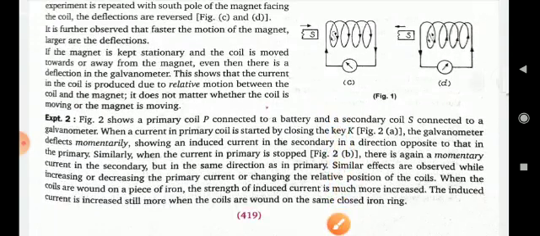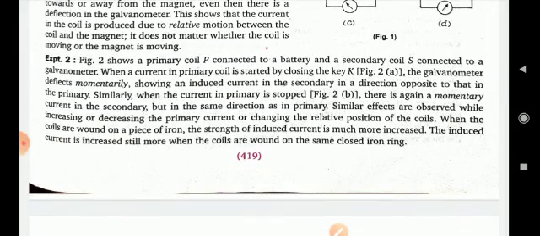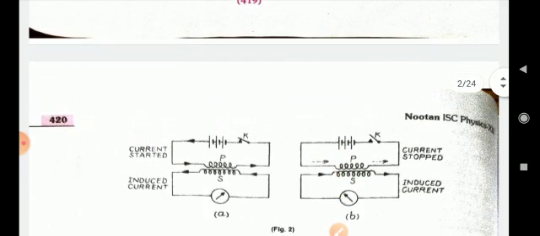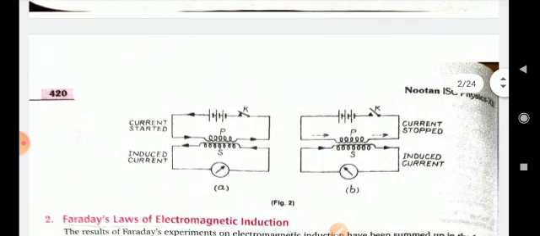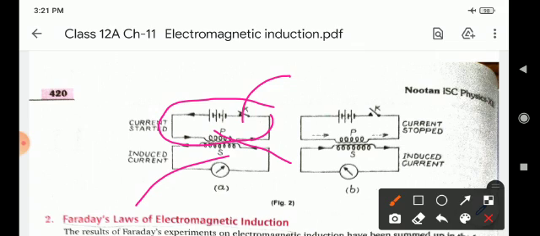Experiment number 2. Figure 2 shows the coil P connected to a battery and the secondary coil S connected to a galvanometer. Children, here is the simple circuit diagram. P is the primary coil, S is the secondary coil, K is the key, and the source is the EMF, the electromotive force.